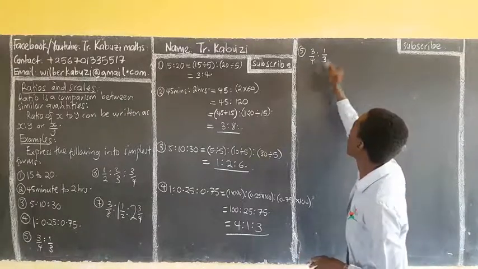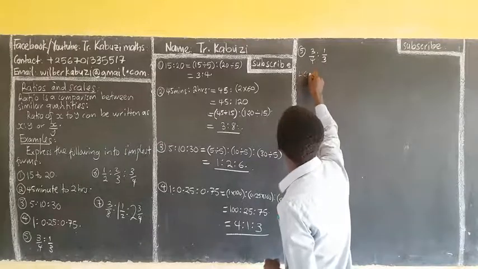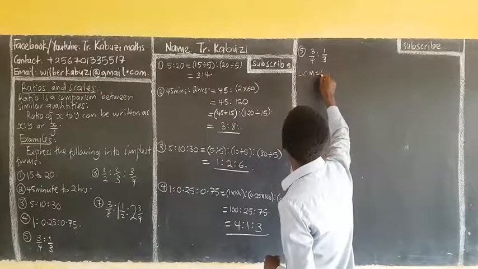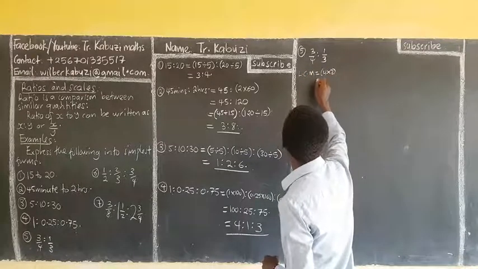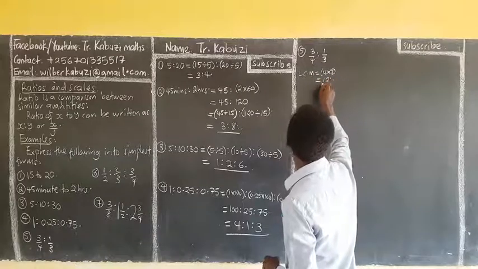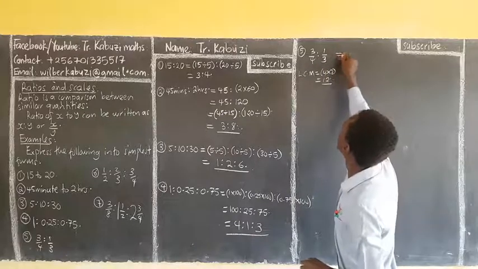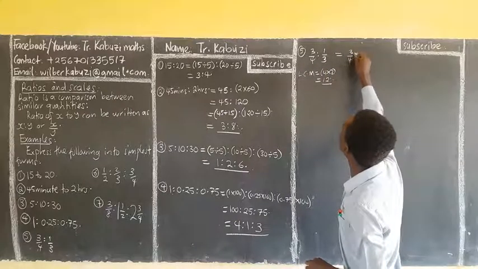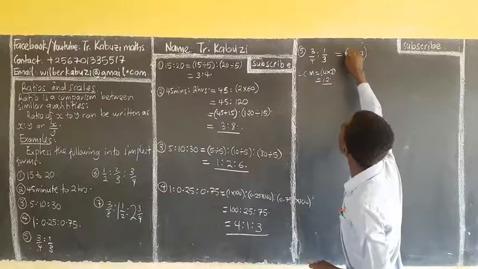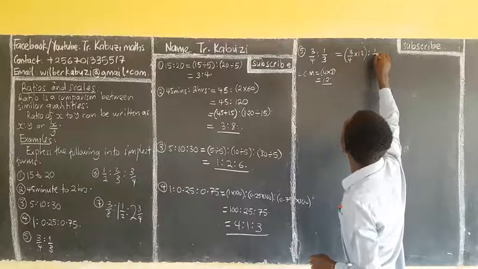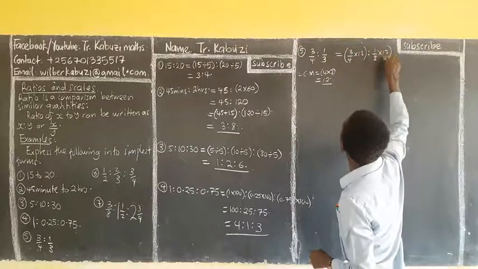So starting here, our LCM will be 4 times 3, which is 12. So what we do now, we multiply this 12 through. We have 3 over 4 times 12, minus 1 over 3 times 12.